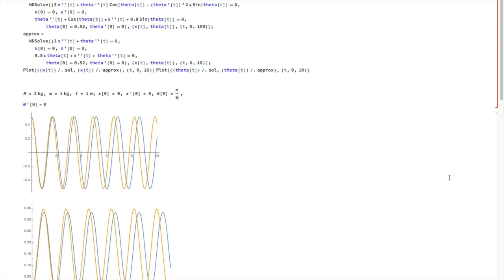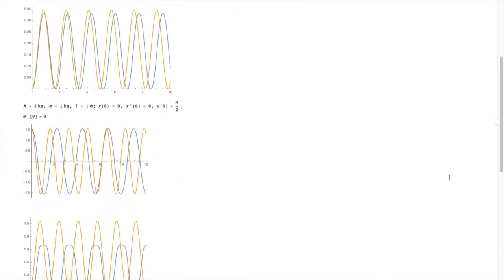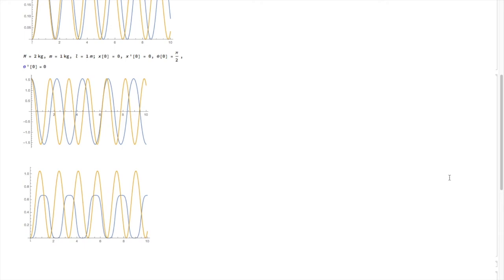As we can see, our approximated solution, which is represented by a yellow curve, is really close to the real solution when t is small. Compare this with another experiment where theta 0 is pi over 2, which is tremendously off from the small angle approximation, and as we expected, our predicted solution is far away from the real one.